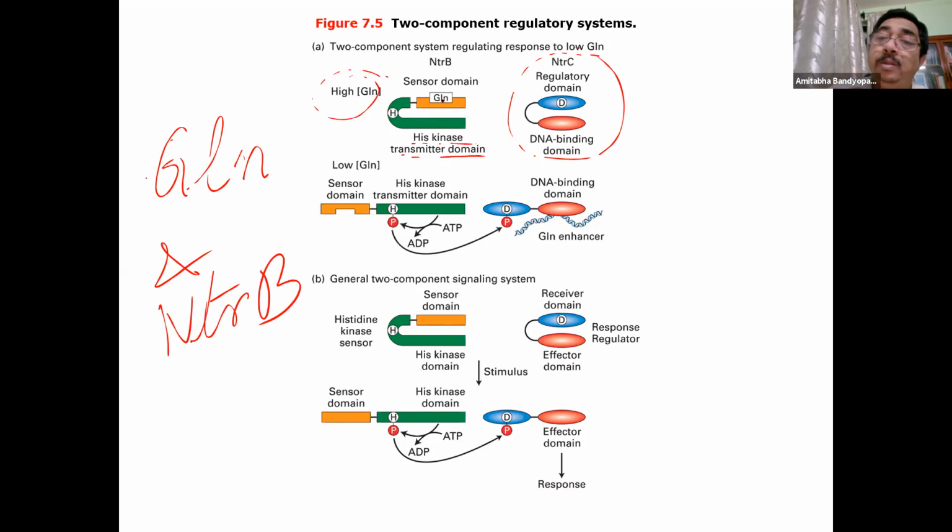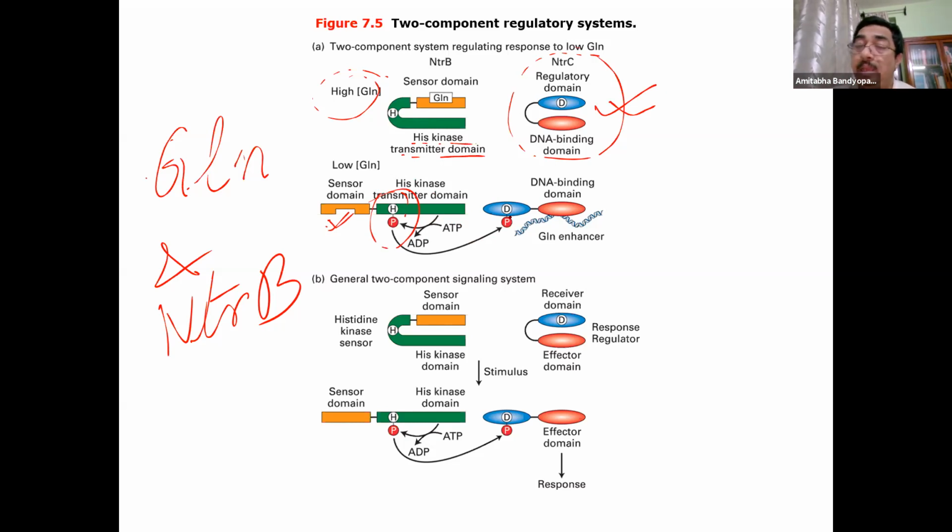And if it is bound, then the NTRB histidine kinase is inactive. It cannot phosphorylate NTRC. But if the glutamine concentration goes down, not to zero, going down. Because this affinity is low, and this is the sensor, right? The sensor's job is only to sense. So if it is empty, this pocket is empty, then the histidine kinase becomes active. It gets phosphorylated, and this phosphorylated histidine then phosphorylates the aspartic acid in NTRC.